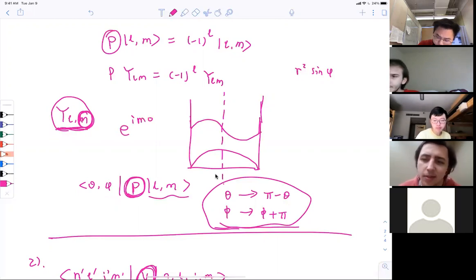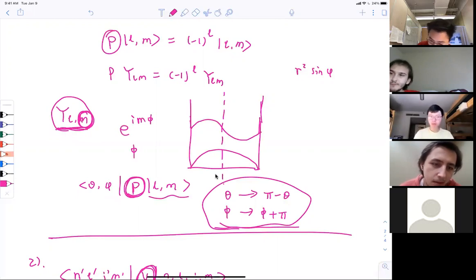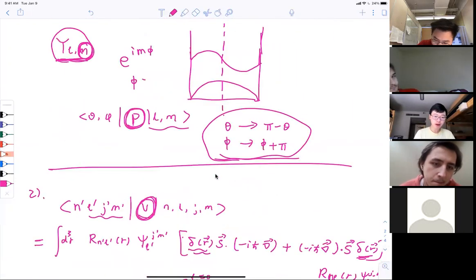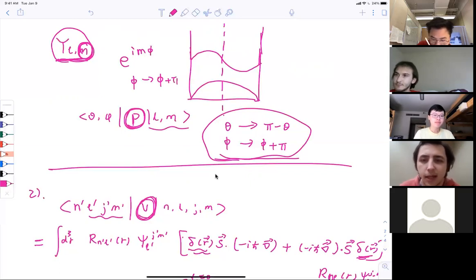It's something like e to the i m phi, but this is if your phi goes to something like this, so then the real component is even, but the imaginary component is odd, right?